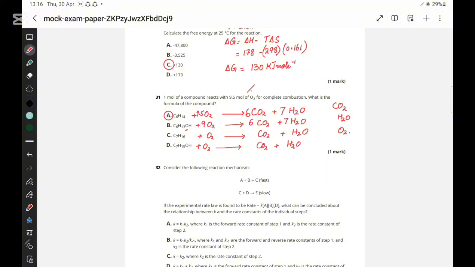So for carbon dioxide I need to put 7 here, and for hydrogen I am going to put 8 here. So oxygen becomes 7 2s are 14. 14 plus 8 is 22.